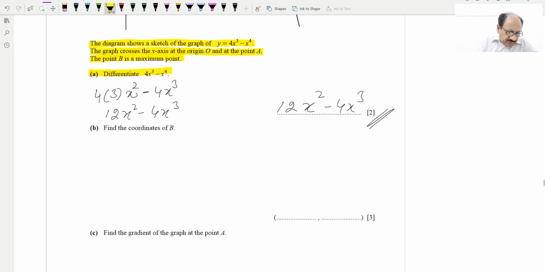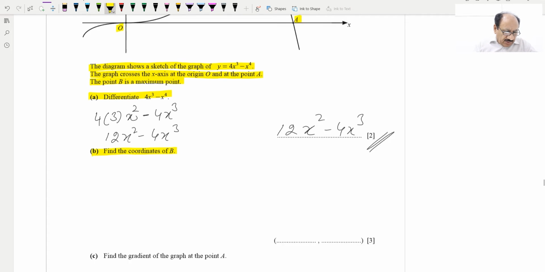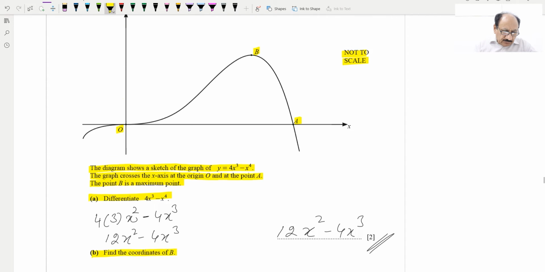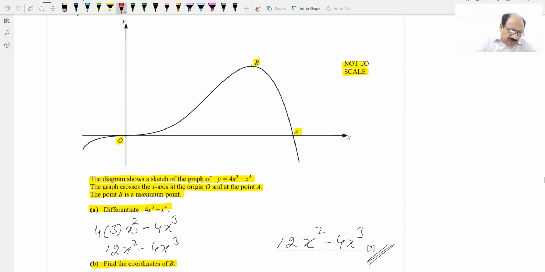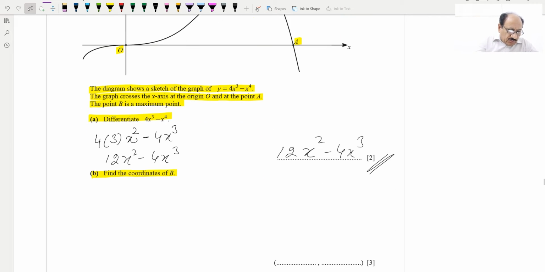And for part B, they are saying find the coordinates of B. Now for the coordinates of B, this point, we know that this is the maximum point, so the gradient at this point will be 0. You can see this is the gradient at point B, so 0 gradient.